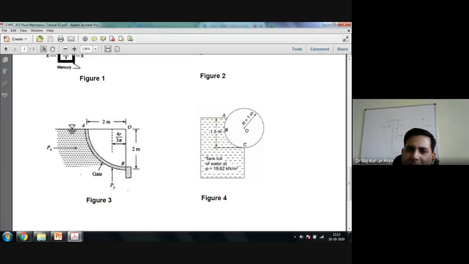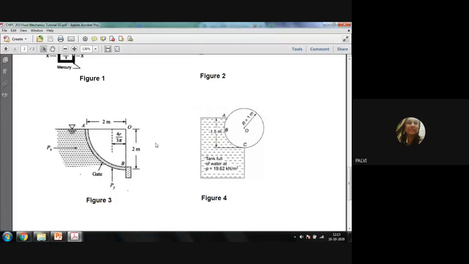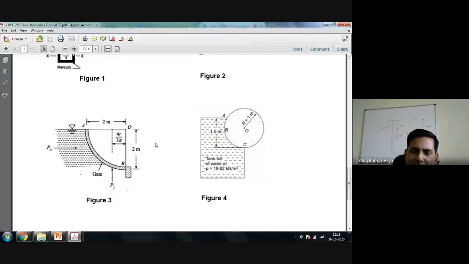The pressure given is 19.6 kilonewton per meter square. At the same time, it is also filled with water, right? So our procedure is the same no matter what is there.